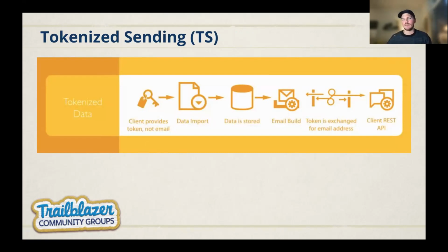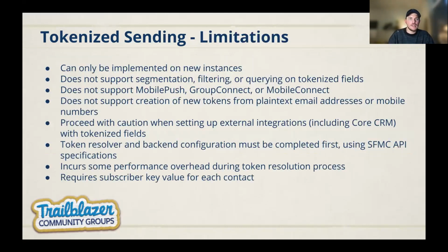We're not storing where Jordan lives, his birth date, his zip code, et cetera. But we're going to take that IOU and exchange it wherever that data is stored. So at the time that a send is made, we take our IOU, go to the database where it's stored, and bring that information along for the ride as well. So that's the concept of tokenized sending.